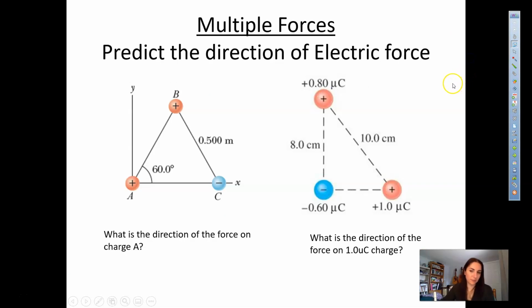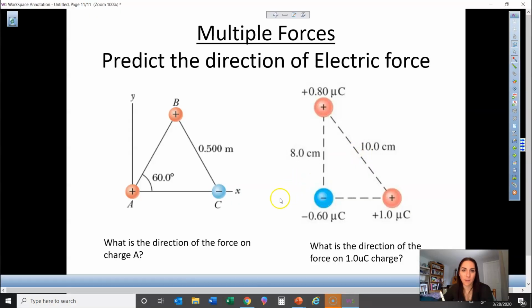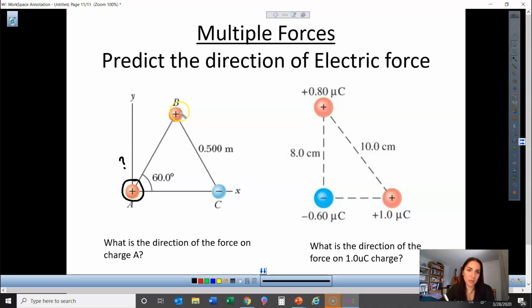Last one. So in this part, what I'm going to ask you to do is focus on one of these and predict the direction. So what is the direction of the force on charge A? So charge A is this one. B is going to push A in a straight line in this direction.